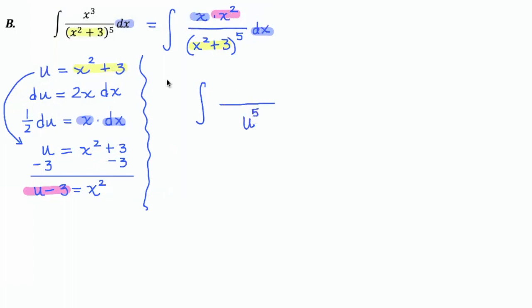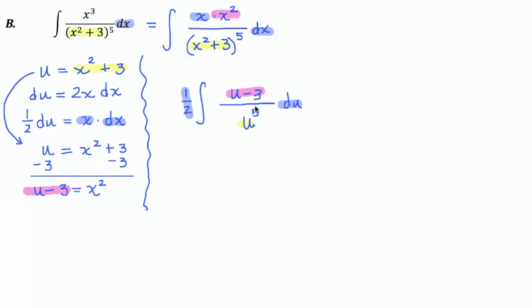My x dx is the half du, so that goes here. And the last part, my purple x squared, is here. It's u minus 3. And again, I'll do the color coding just to show you how everything ended up. This is the purple, this is the yellow, and half du is the blue.